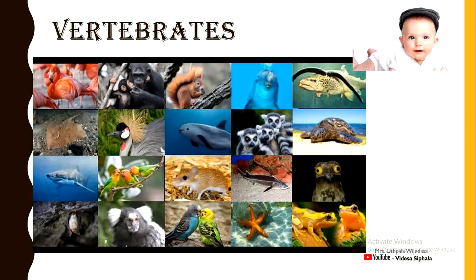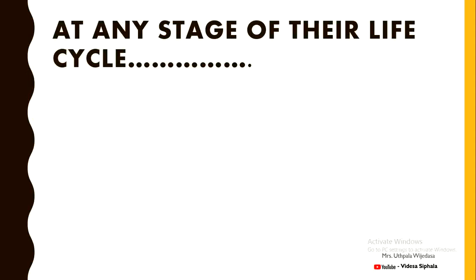There is a huge diversity in vertebrates, and that is very helpful to add beauty to the environment. We learn the features possessed by vertebrates at any stage of their life cycle.